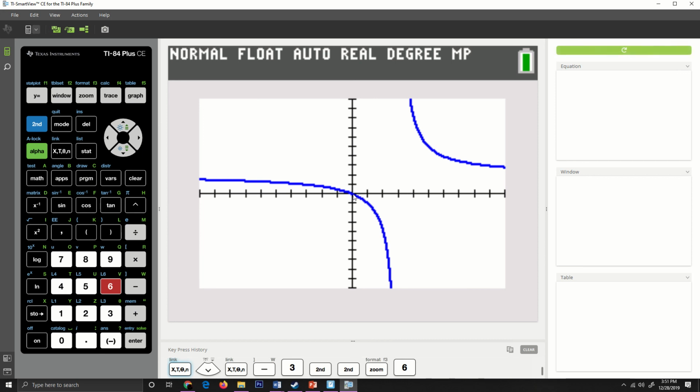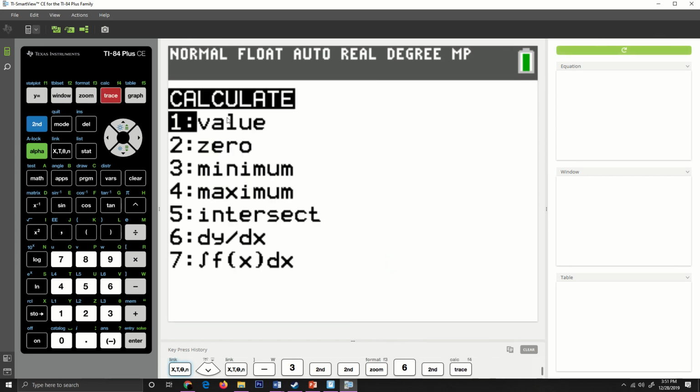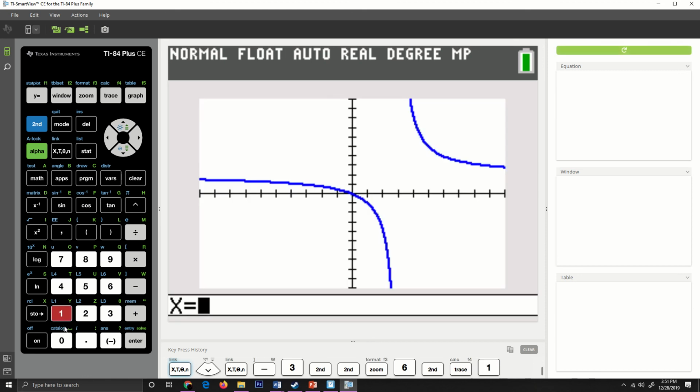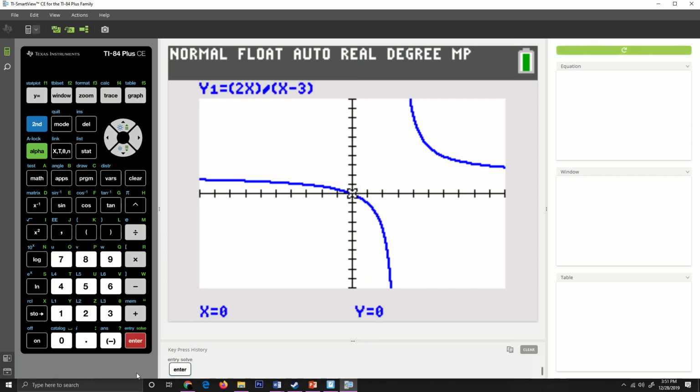And so we can verify that a couple different ways. We can go second, we can hit that trace button. We can find a value, and if I hit 1 and I type in 0 again, because anytime you cross the y-axis, you'll have an x value of 0. When you hit enter, we hit x equals 0 and y equals 0.